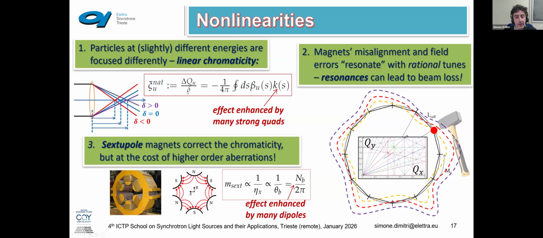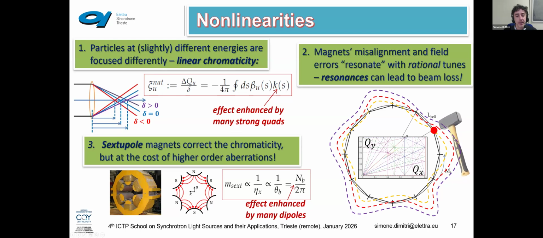So this delta is an unavoidable parameter of our synchrotron, of our synchronous accelerator. So this implies that the chromaticity is an unavoidable effect of our dynamics. And that means that whatsoever the nominal working point will be, it will be shifted by linear chromaticity.